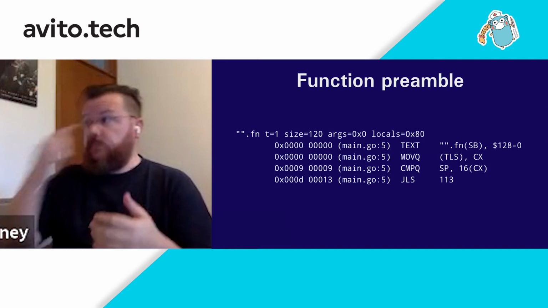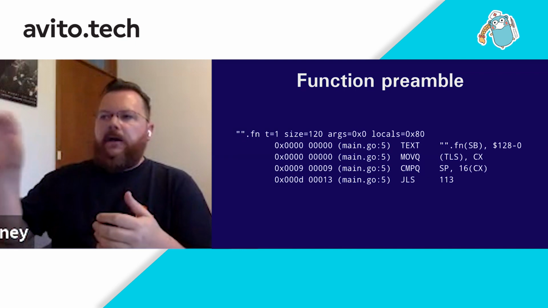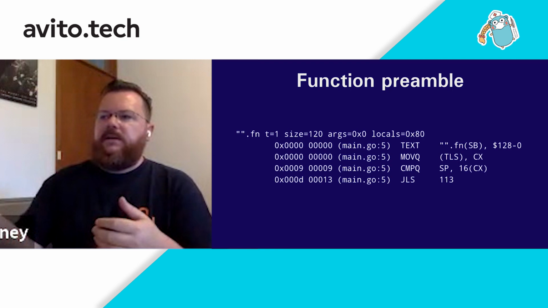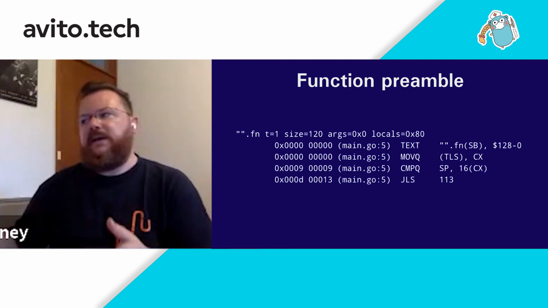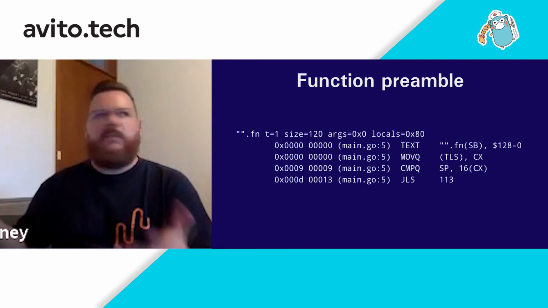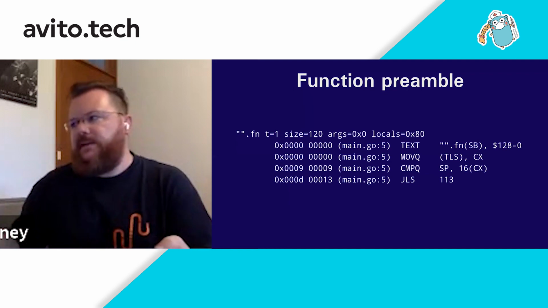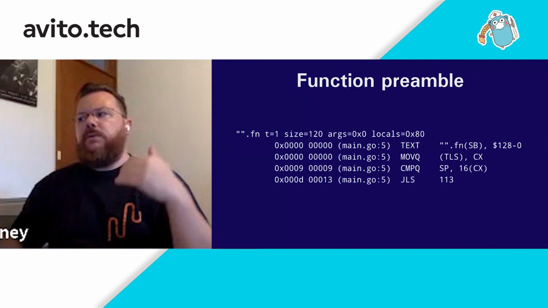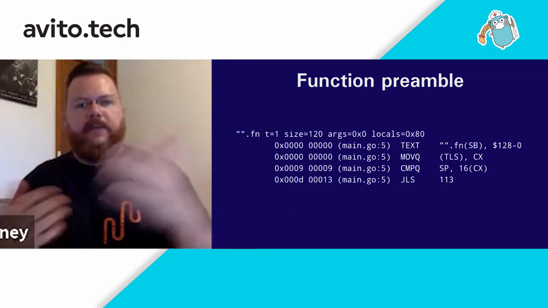And so on entry to each function, the value is moved. This second line, move Q TLS to CX, is basically getting the Go routine ID out of TLS. And it's comparing the current stack pointer to the stack pointer that it expects, to the amount of stack it expects.